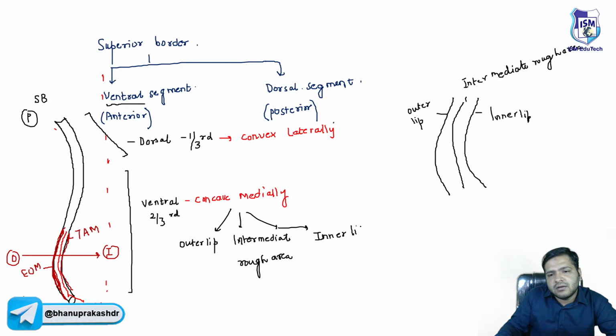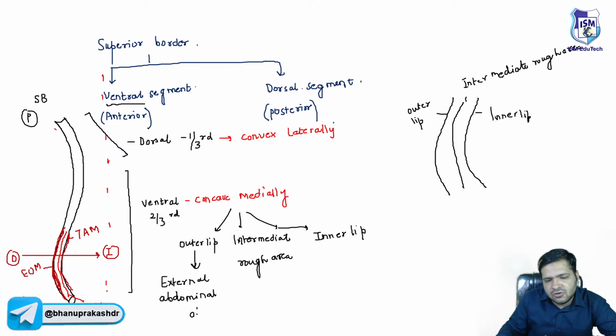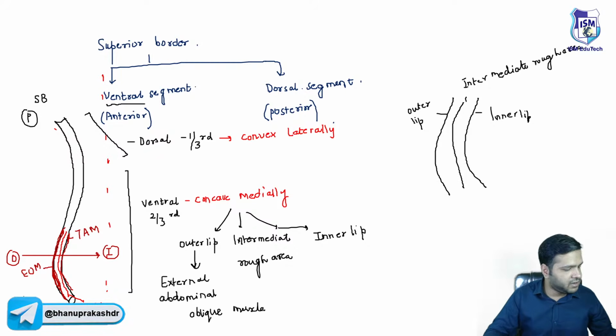The outer lip has the origin of a muscle, beta. It is called the external abdominal oblique muscle. ये मैंने abdomen में भी पढ़ाया था. You should remember it is the external abdominal oblique muscle.